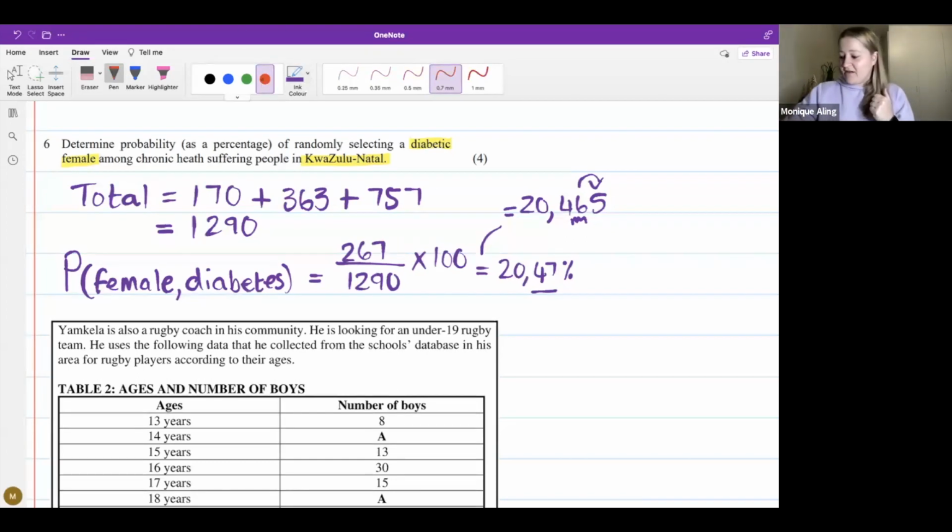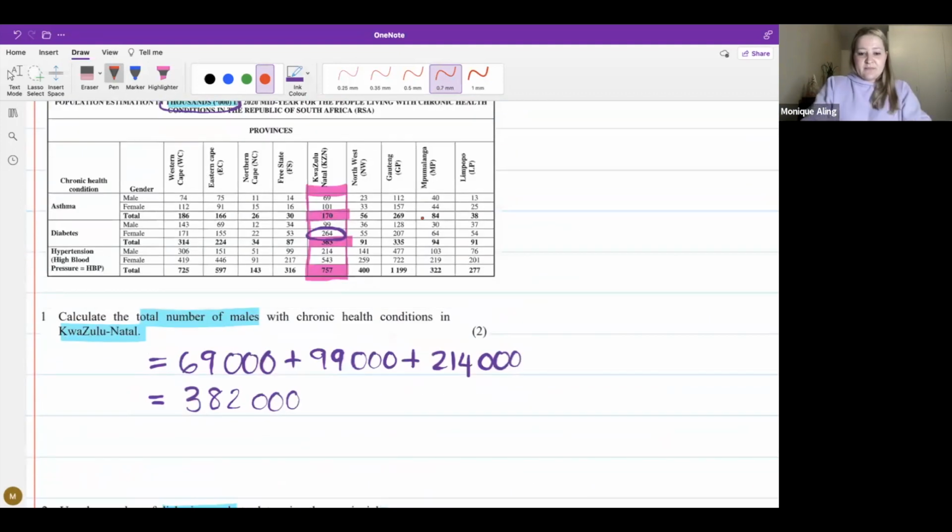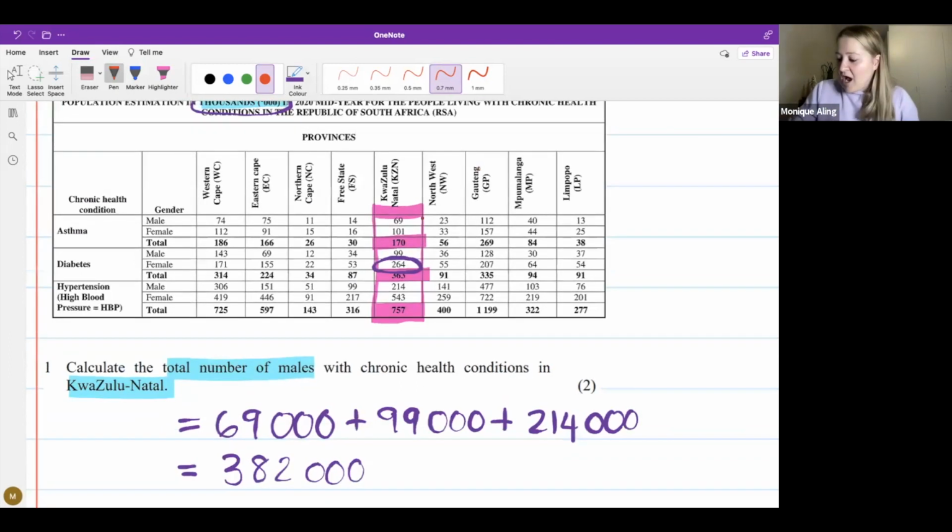I went and found the totals for everyone in KZN. So the 170 is for how many people in KZN suffer from asthma. The 363 is for how many people are suffering from diabetes in KZN. And the total, that's what I did. I added them all up.